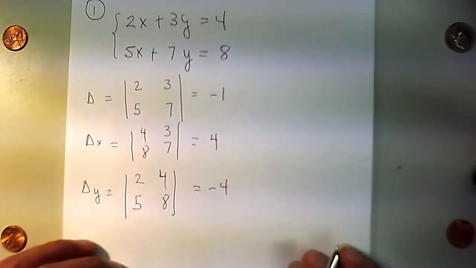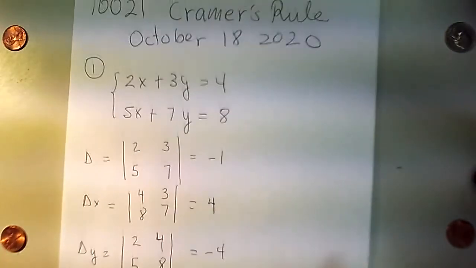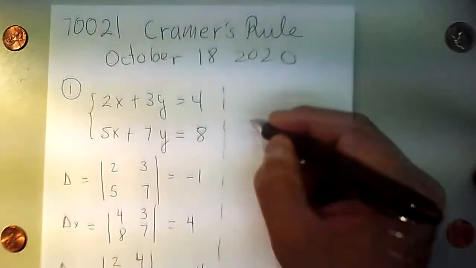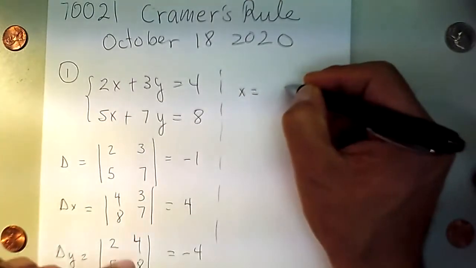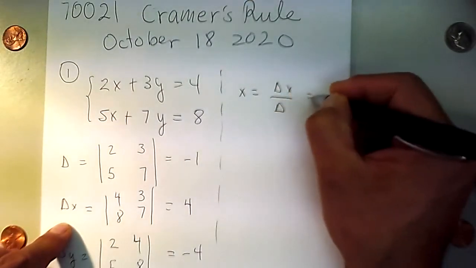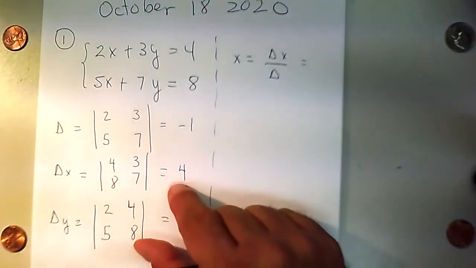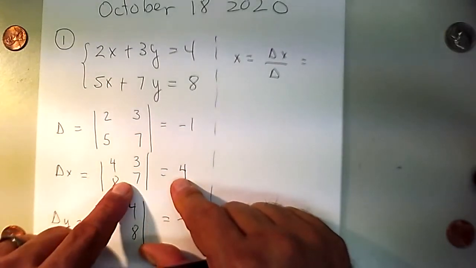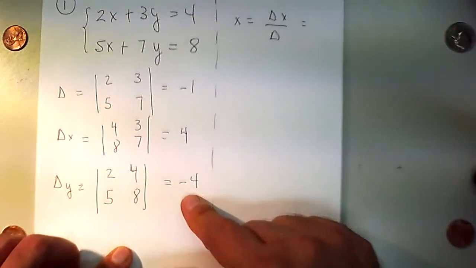I'm just puzzled because we got negative 4 again. That was a pure coincidence. I just made this up. Okay. So what does that say? Well, it turns out that x will be the determinant on x, delta x over delta, which in this case is, let me just double check this, 20, oh, this is positive 4. So we don't end up with exactly the same number. 28 minus 24 is positive 4, as opposed to 16 minus 20 is negative 4.